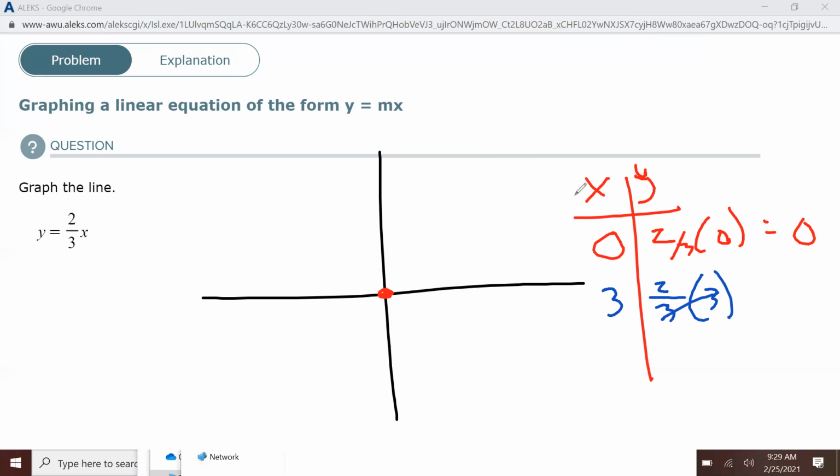The 3's cancel, and we get 2. So that tells us when x is 3, y is 2. And if you get a fractional answer here for your y value, that's totally fine. Now that I have 2 points, I can play dot to dot and draw the line. That's all I do.